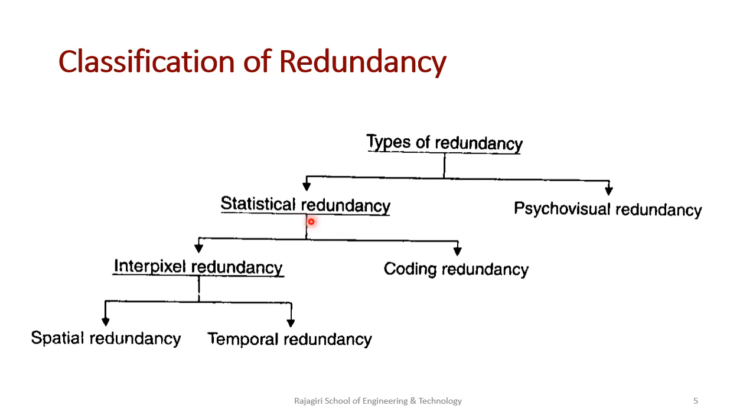Statistical redundancy can be further divided into interpixel redundancy and coding redundancy. Interpixel redundancy is due to the similarity of neighboring pixels in an image. Coding redundancy is based on the characteristics of the code used to encode each pixel. It can be overcome using efficient coding schemes.